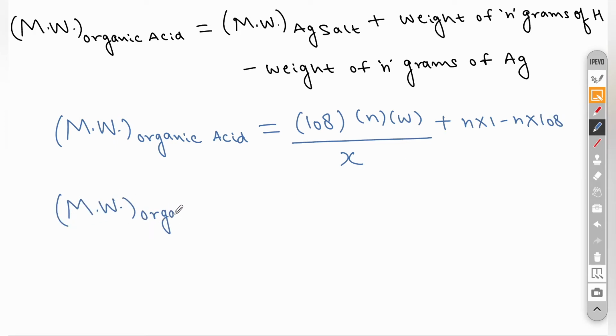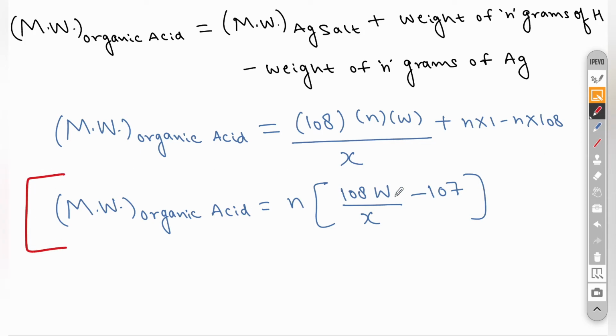So the molecular weight of organic acid will come out, n is common, so n multiplied by (108W divided by X minus 107). This is very important formula.